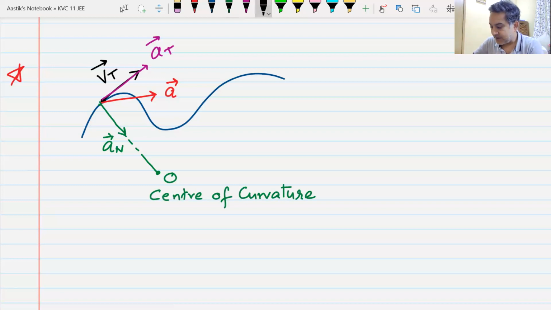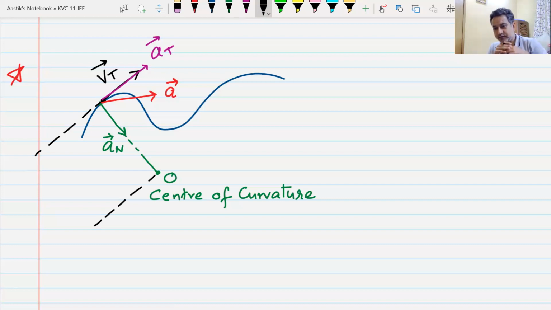And then we have this distance of the particle from the center of curvature. What will I call this? O is the center of curvature.